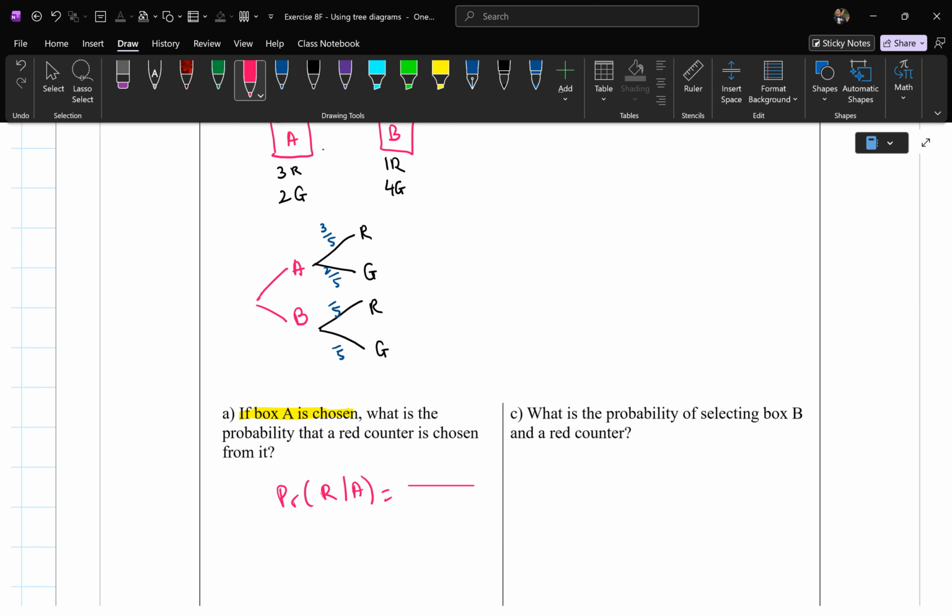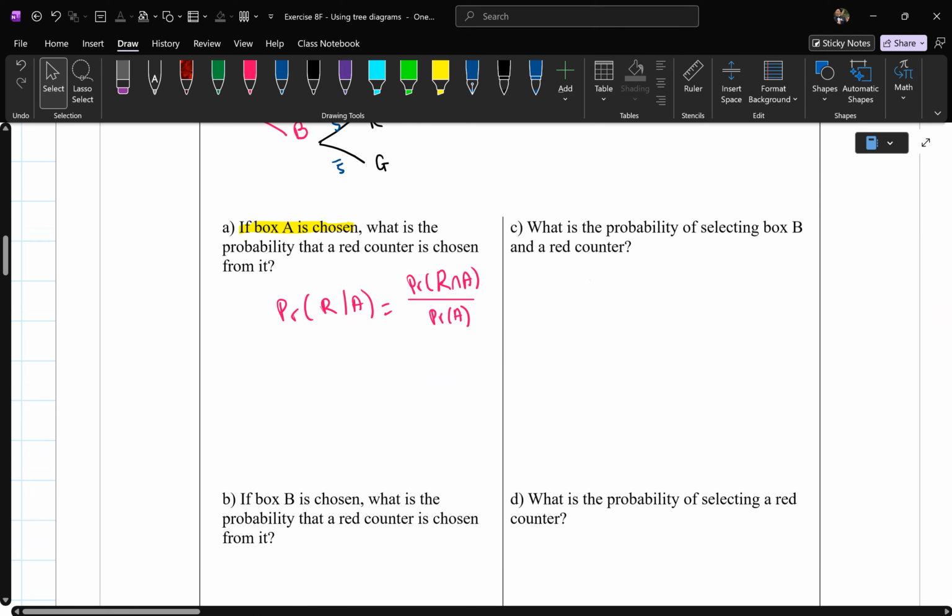Probability of A intersection B. Close, not B. For this scenario, R. Good. So it would be R intersecting with A, or A intersecting with R, over? Very good. Probability of A, because A is what has happened. So we're looking at the scenario of A.